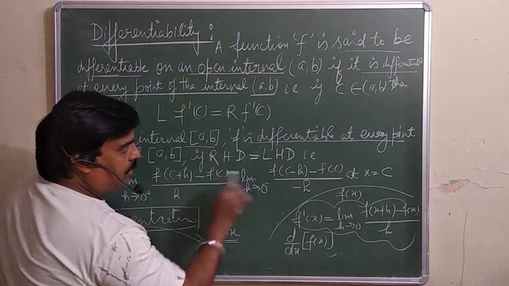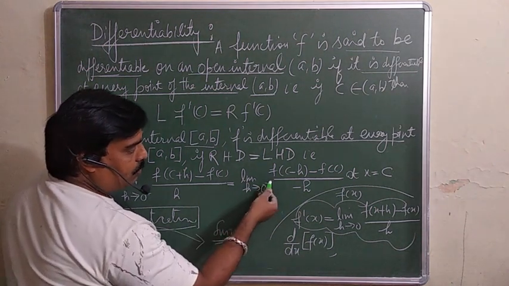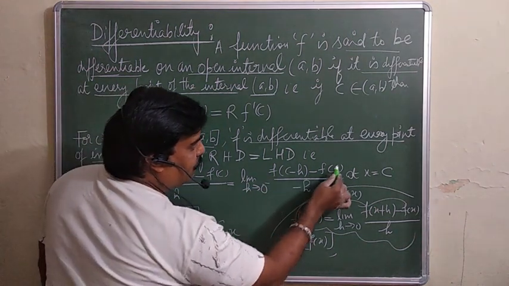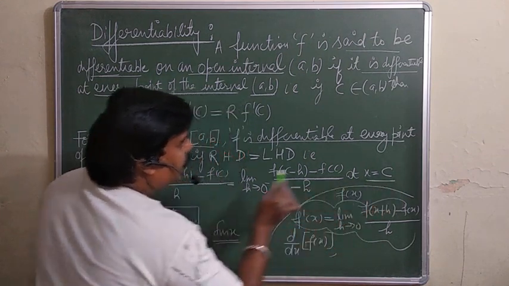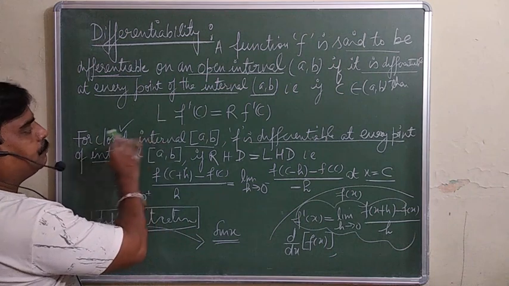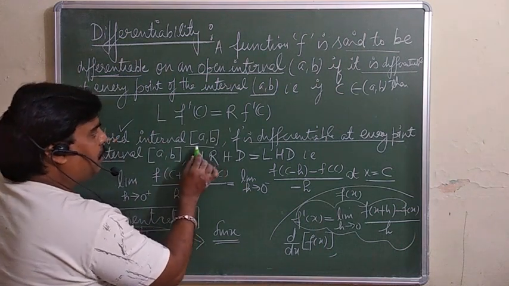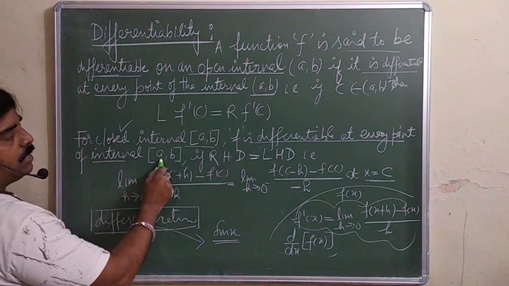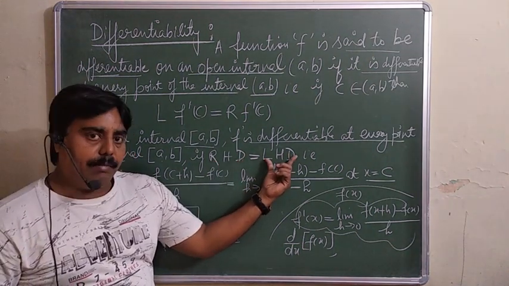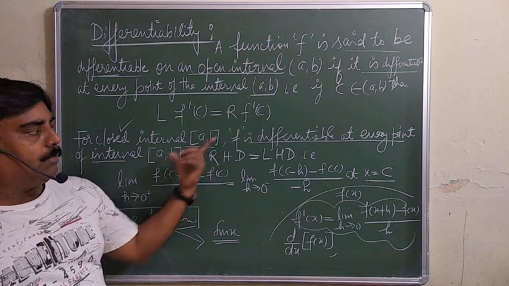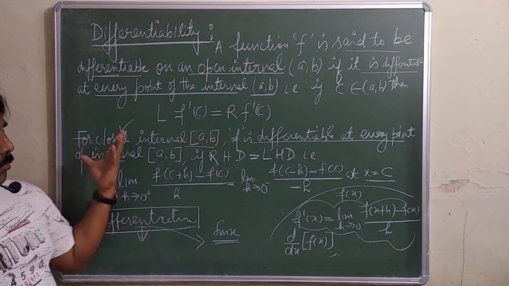And for the left hand derivative, h tends to 0 minus, f c minus h minus f c over minus h, where h belongs to x. So any function will be differentiable in this closed interval if the right hand derivative is equal to the left hand derivative.